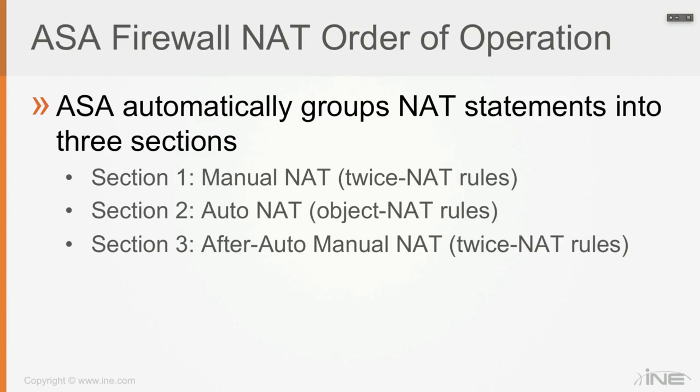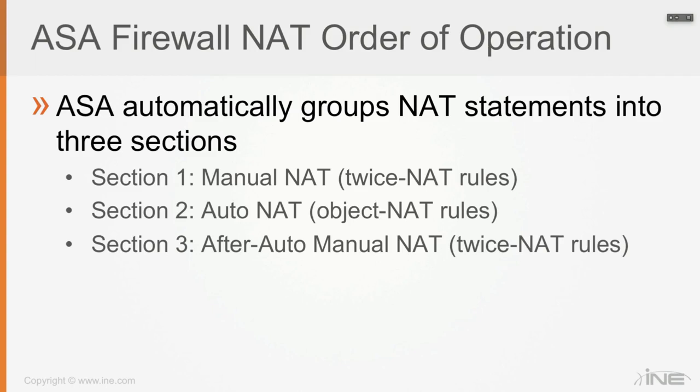And in section 3, we're going to have the after-auto manual NAT rules, like twice NAT rules. So the ASA is going to put the manual NAT statements either in section 1 or in section 3. We're going to speak about both of those sections in a couple of minutes.